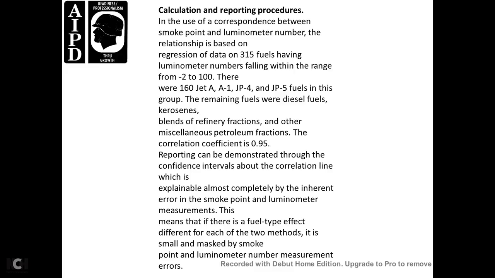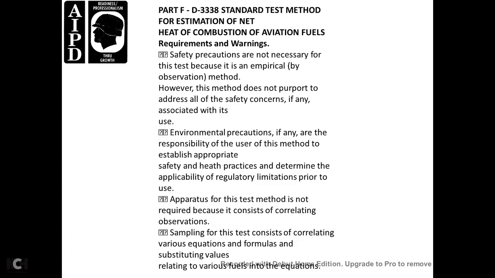The correlation coefficient of 0.95, demonstrated through confidence intervals and the correlation line, explains the relationship almost completely. The inherent error in smoke point and illuminance measurement means that any fuel type effect differing between the two methods is small and masked by the measurement errors.